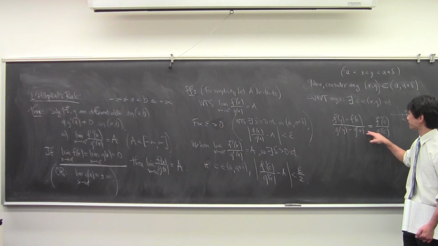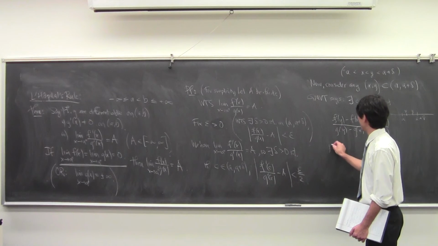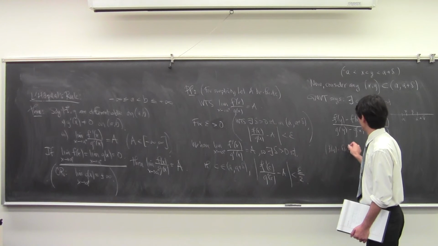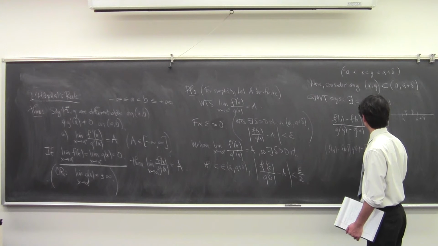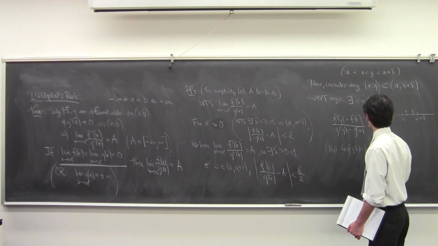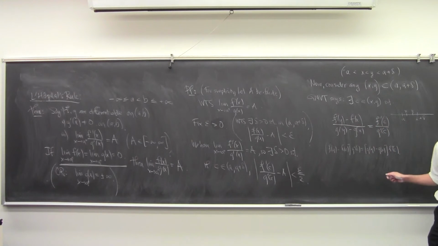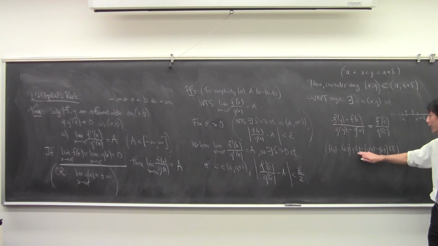You remember it's written something like f of y minus f of x times g prime c equals g of y minus g of x times f prime c, right? But g prime c is not zero, so we can divide by g prime c.